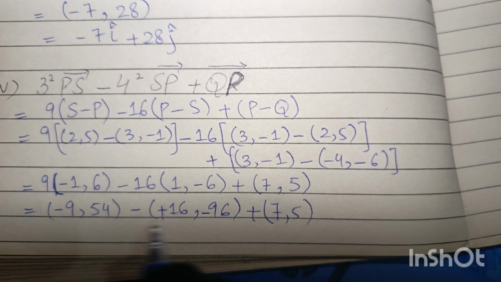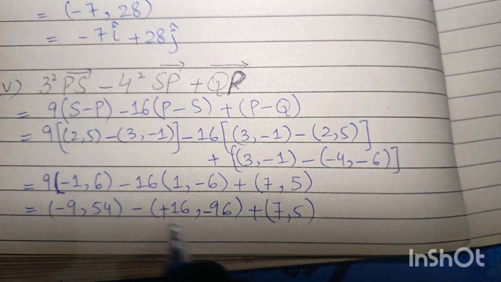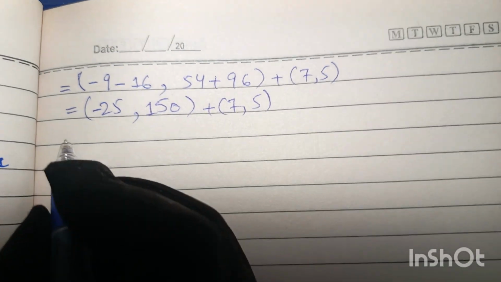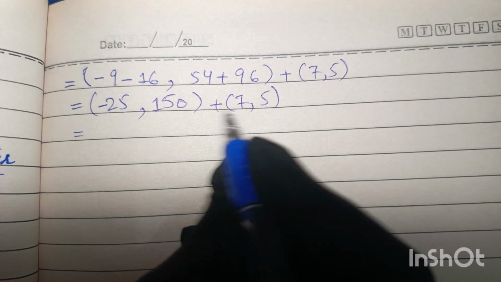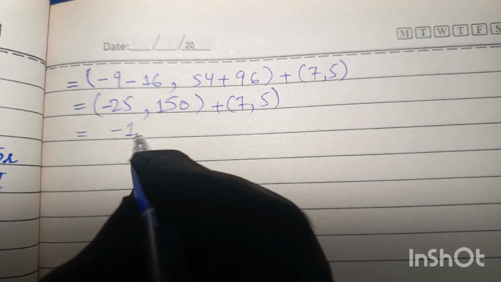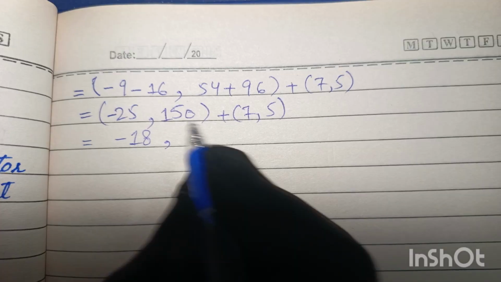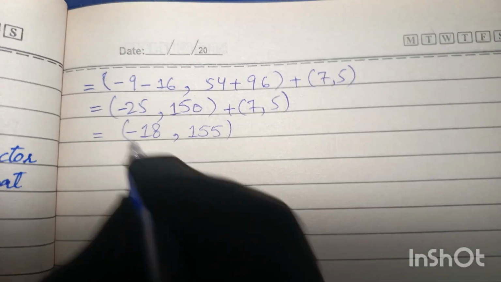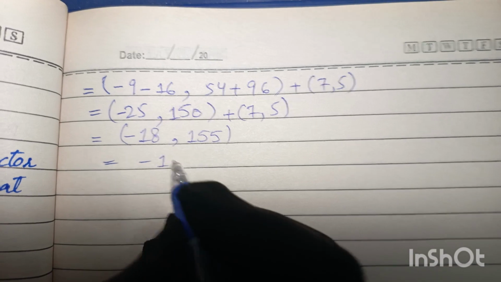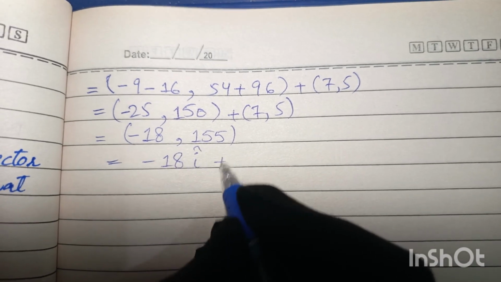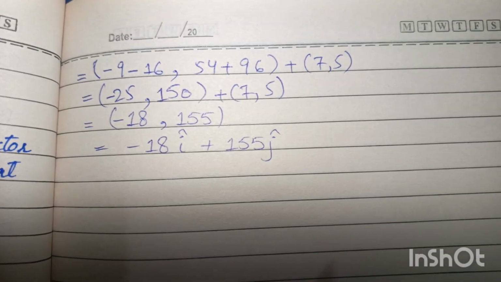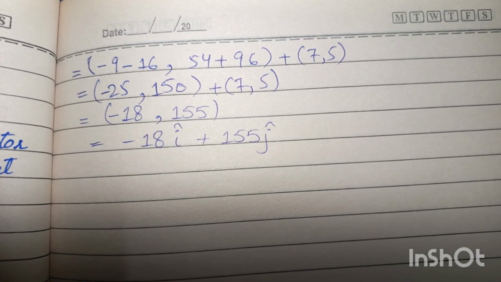Then we will subtract these two brackets first, and then the answer will be added to (7, 5). So the next step will be -25 plus 7, which is -18, and 150 plus 5, which is 155. In component form we will write it as -18i + 155j. This is the final answer for the fourth part.